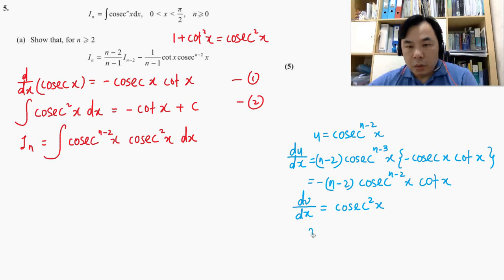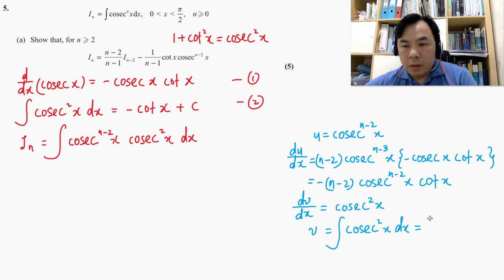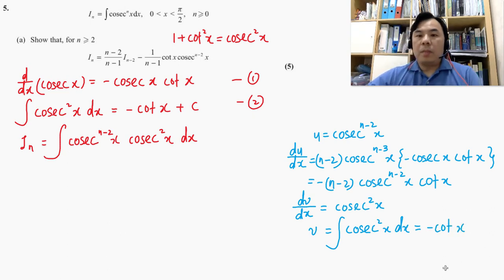And then we know that by integrating cosecant square, we will end up with this negative cotangent x here. Right, now these are the results that we need to process the integration by parts.